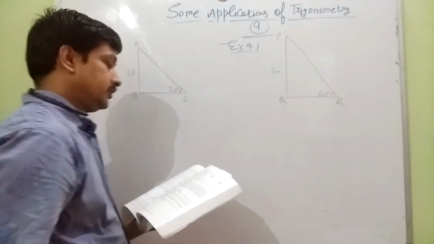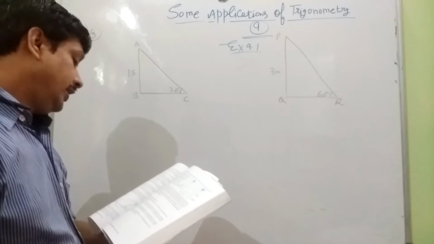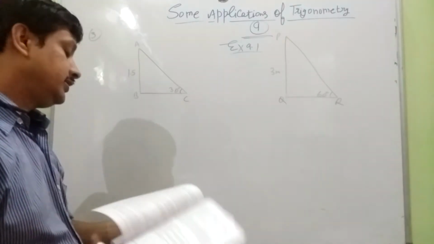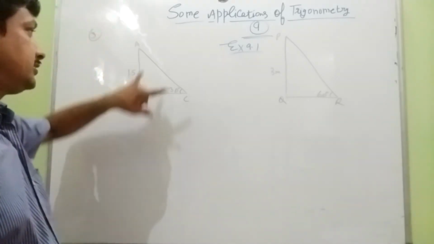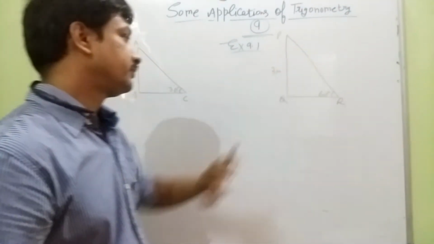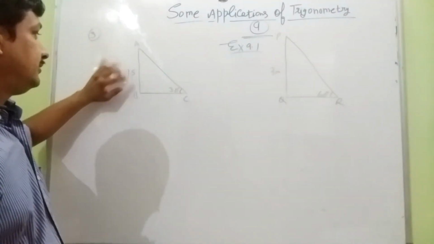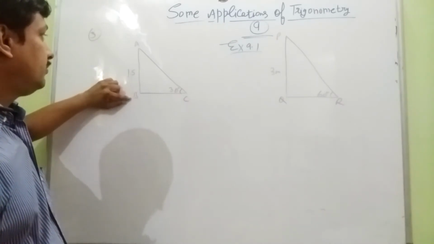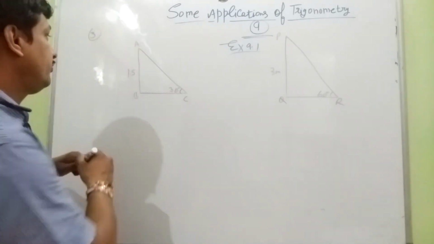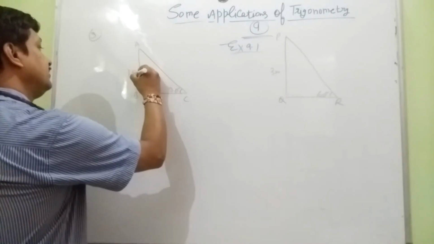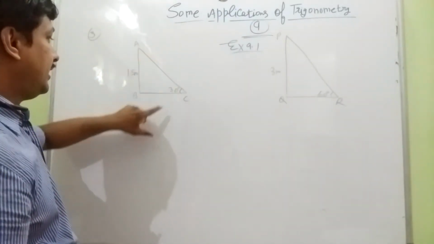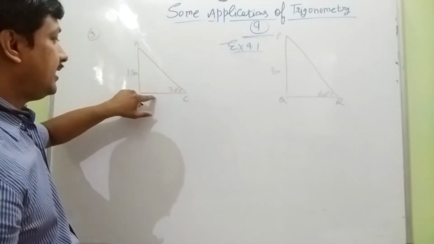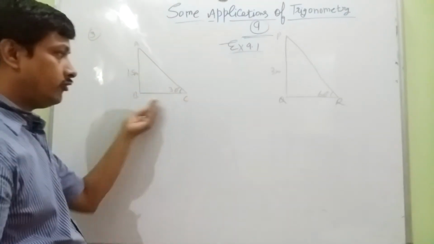Okay, so this way we have to find what should be the length of the slide in each case. We have to find the length of the slide, that is AC and PQ. In this slide, the uppermost point is at 1.5 meter and this is the length of the slide which we have to find, and this slide will make an angle of 30 degree with the ground level.